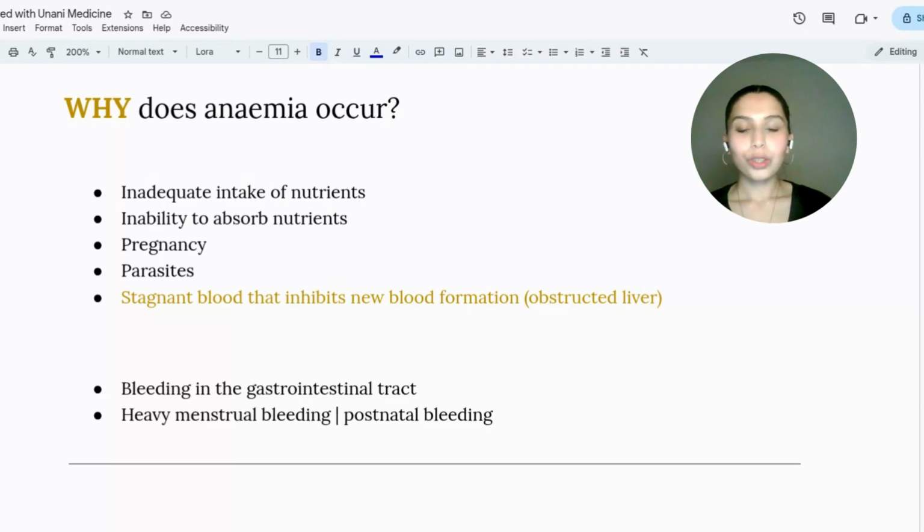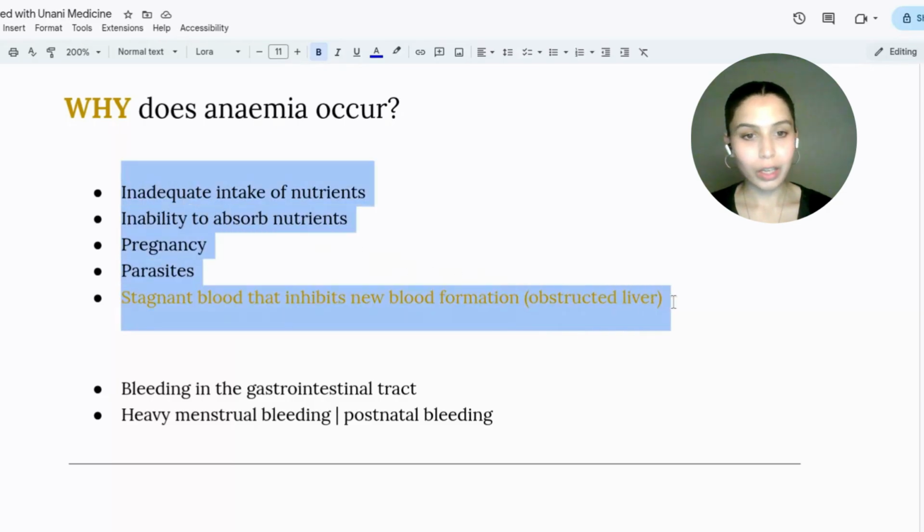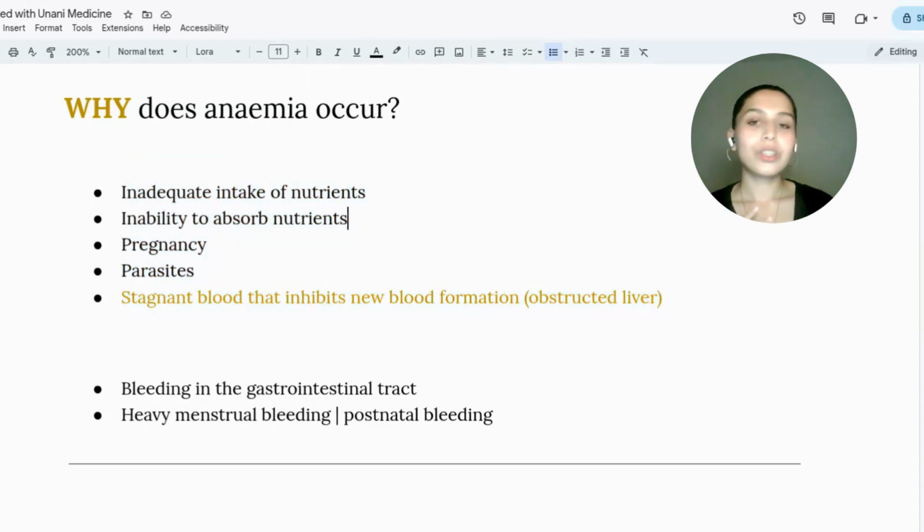So when it comes to issues with the production, these are the five factors that interfere with or cause issues with the production of adequate red blood cells. Number one is super simple. It's the inadequate intake of nutrients. Foods that are not going to build red blood cells, you are what you eat. If you're not eating the right foods, your body won't be able to create them because it doesn't have the material to create them.